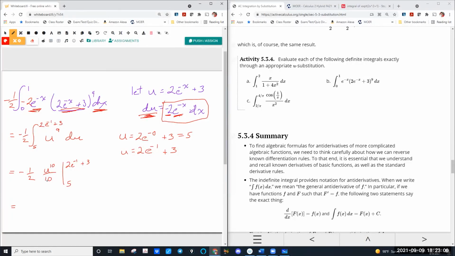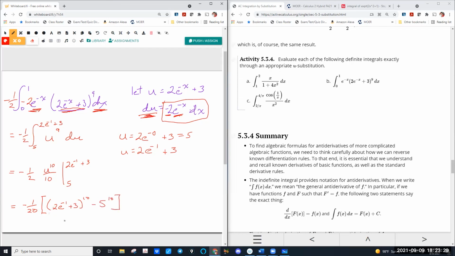We can multiply these together to make it a little cleaner, make that a negative 1/20th. And then we'll plug in our limits into the 10th power. So 2e to the minus 1 plus 3 to the 10th minus 5 to the 10th.